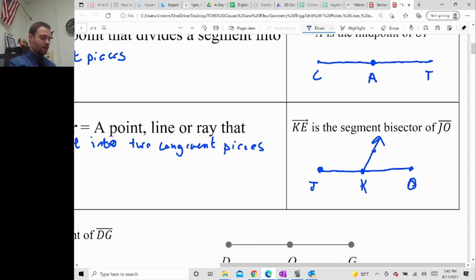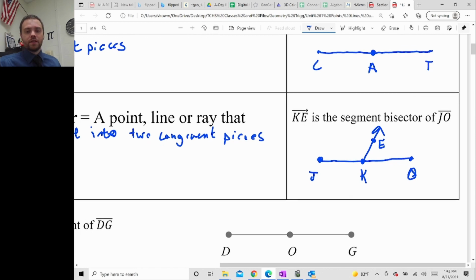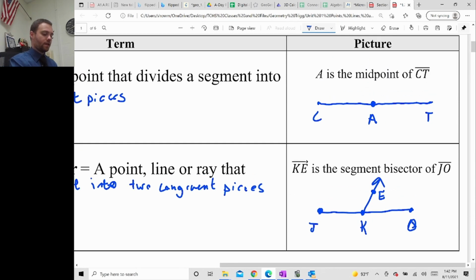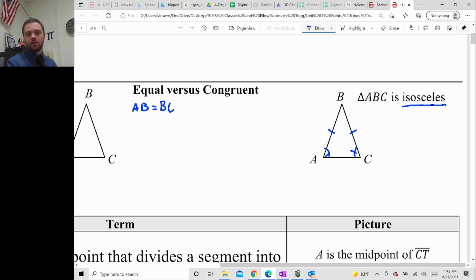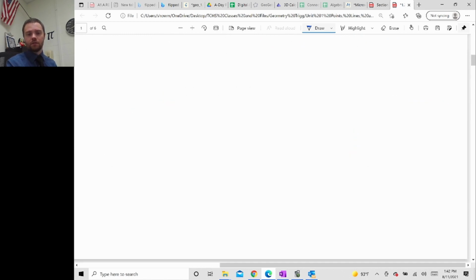So E is right there. Okay, so KE is the segment bisector. So that means these two pieces are congruent and these two pieces are congruent. That's what that little line means, and that's what these angles mean, right? The angle with the dash through it means it's equal to this measure. These two slashes mean that these two sides are congruent. Okay?